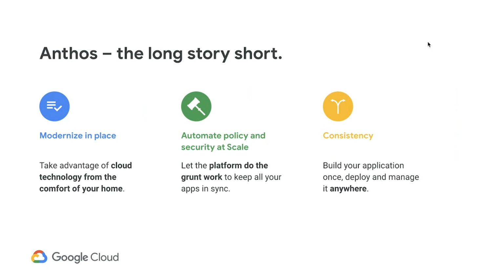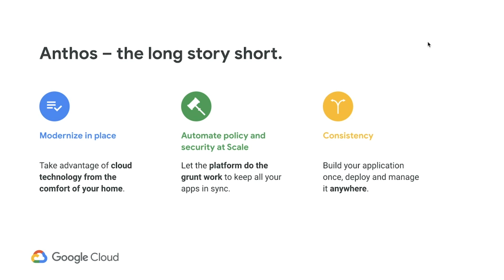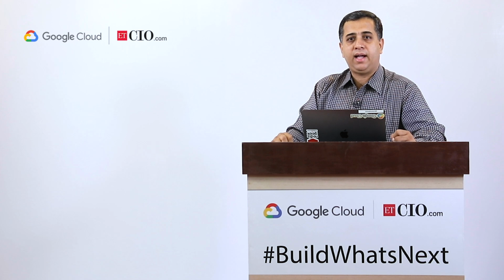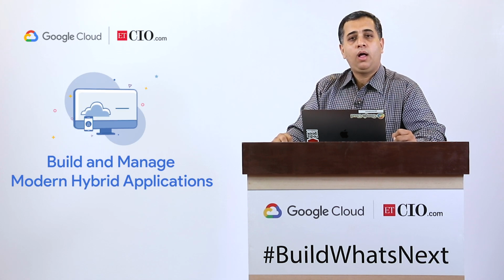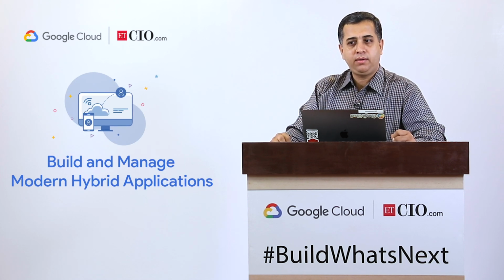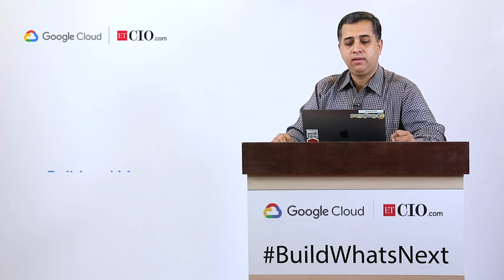So in a nutshell, to conclude a long story short, Anthos helps you modernize in place. You don't need to really go to the cloud to go to Anthos. You can modernize within your own data center and then choose to move to the cloud at your own pace. It helps you automate policies and security at scale, which essentially means that Anthos would help you automate the policy management and make sure consistent policies are being tracked.